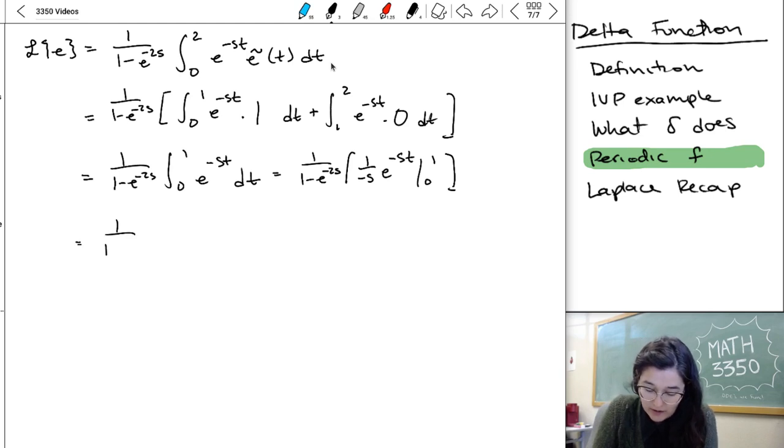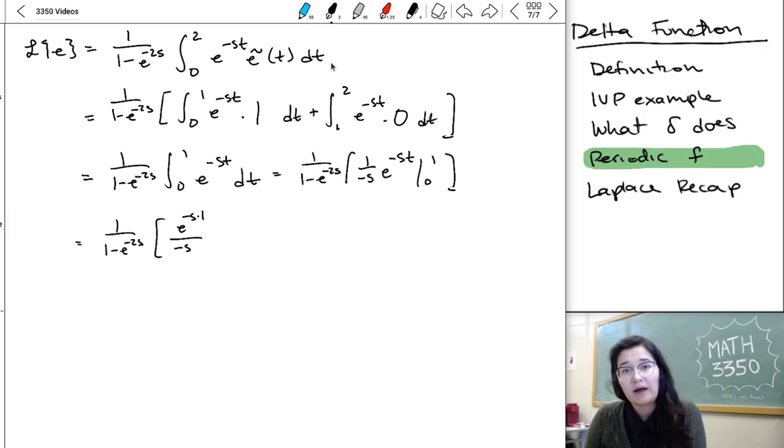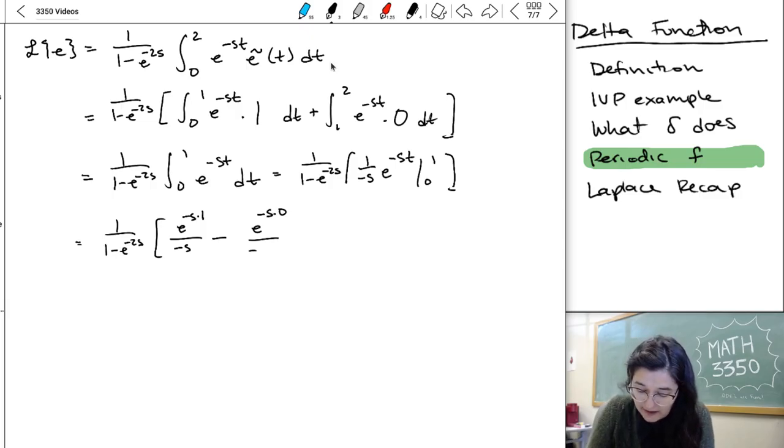That's going to give me 1 over 1 minus e to minus 2s times, let's see, e to minus s plugging in t equals 1 divided by minus s, minus e to minus s times plugging in t equals 0 divided by minus s.